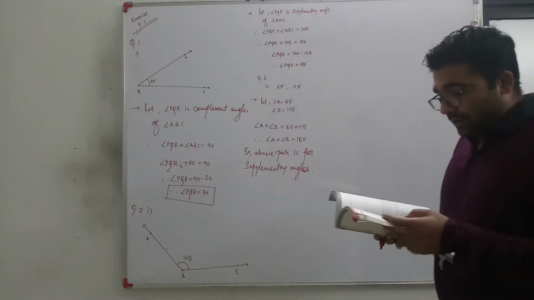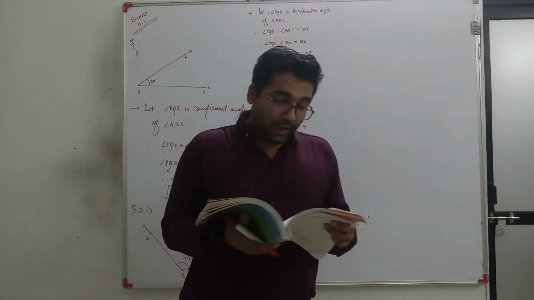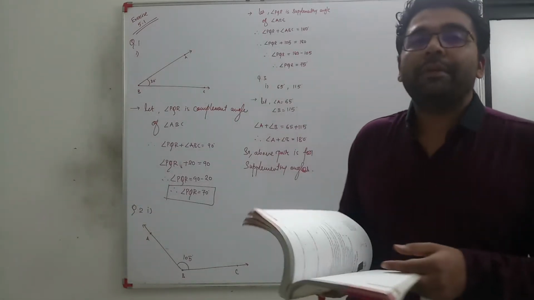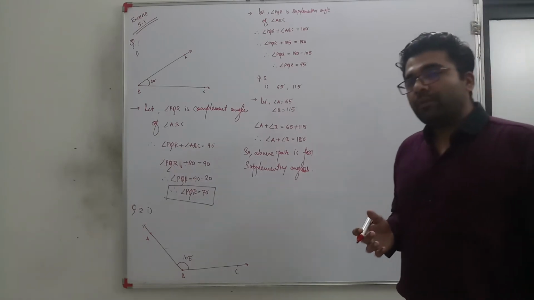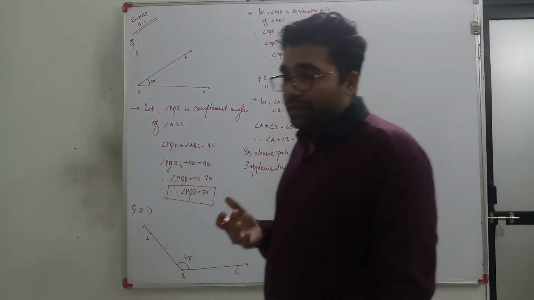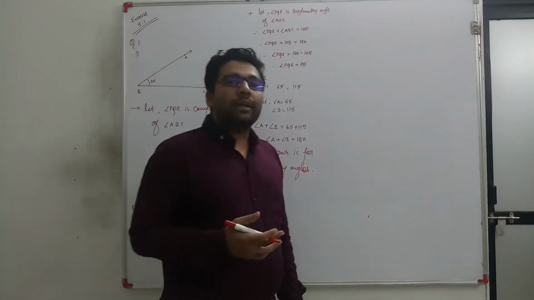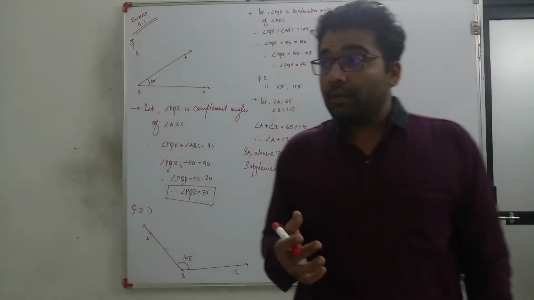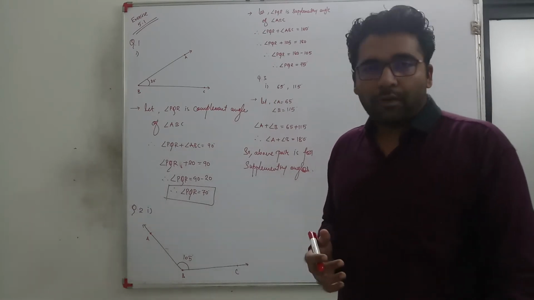Now see, next is question number 4. Find the angle which is equal to its complementary angle. If you understand, as I have already said in the previous video, when two angles are equal and they are complementary to each other, then both of them are 45 degree.